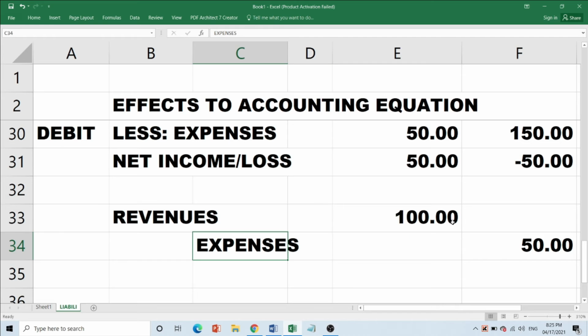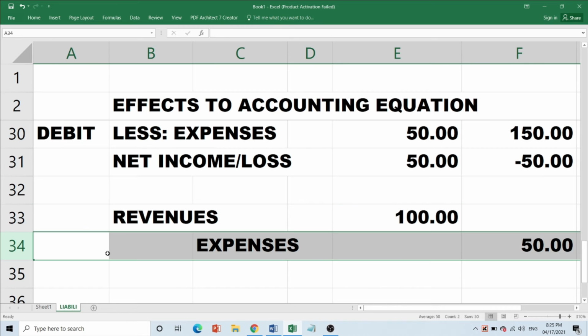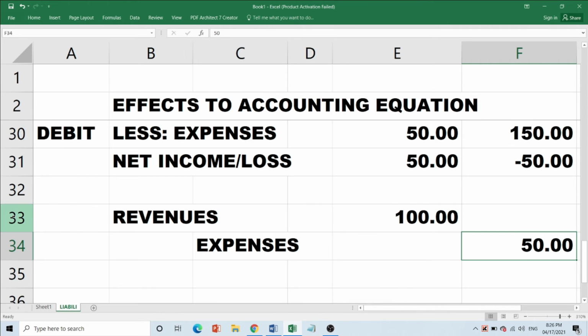Whatever is the difference, 100. Kasi sa left side mo, dito sa debit, meron kang 100. Dito naman sa expenses, sa credit mo, meron ka lang 50. Remember that we are going to get how much yung income na isasara or i-close natin doon sa ating equity account.